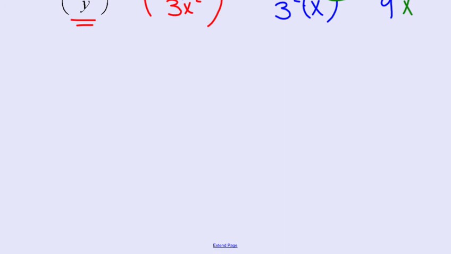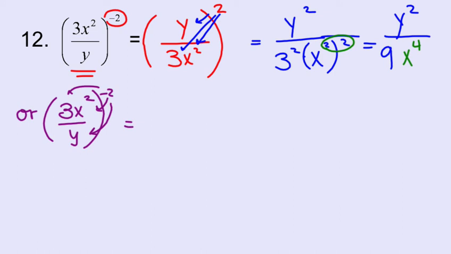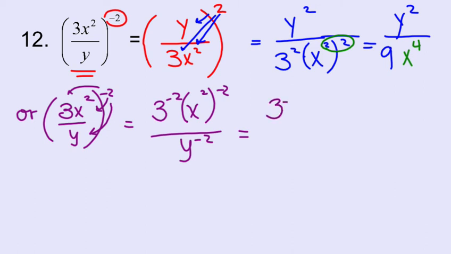Now I said I would show you a different way to do this problem. Not as fast. So let's rewrite that again. 3x squared over y to the negative 2. What you can do is you can distribute the negative 2 to all pieces. So it looks like this. 3 to the negative 2, x squared to the negative 2, y to the negative 2. Then I'm just going to leave that 3 to the negative 2 as it is.